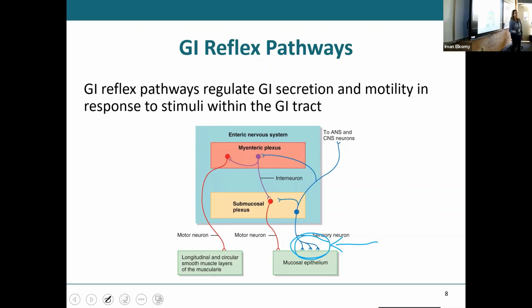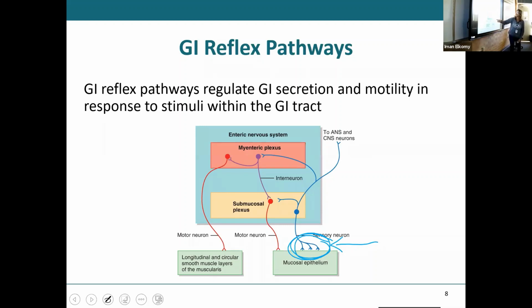So let's say I am, do we want our stomach to be empty or full? Full. Okay, so I just had a really nice lunch and my stomach is full. So these interoceptors here on that sensory neuron will sense that the stomach is distended, it is full.